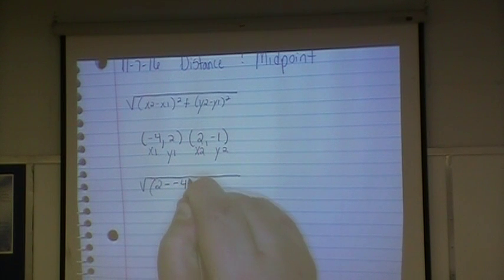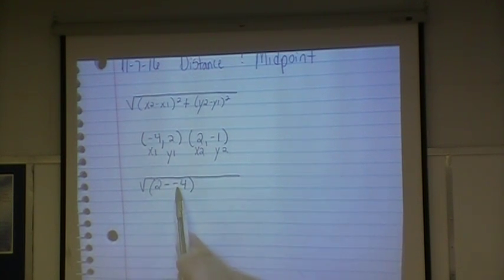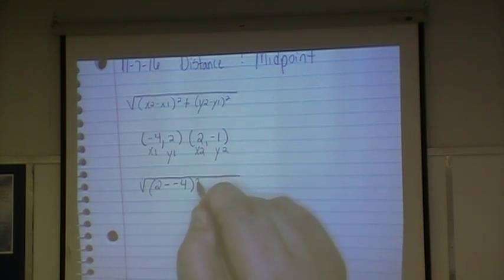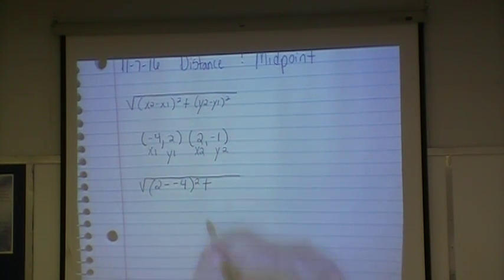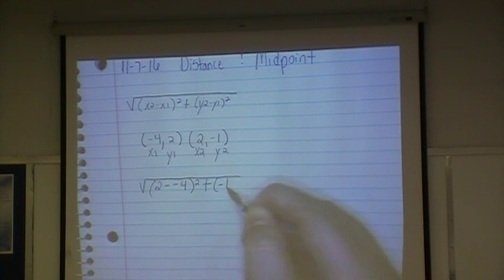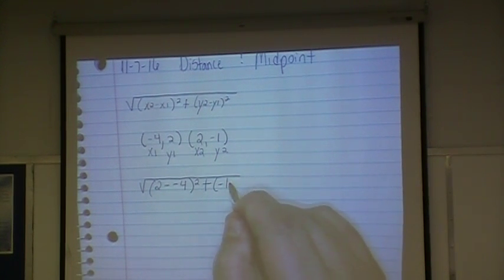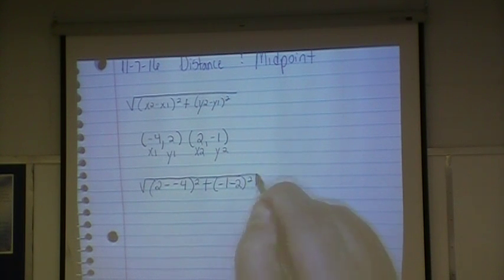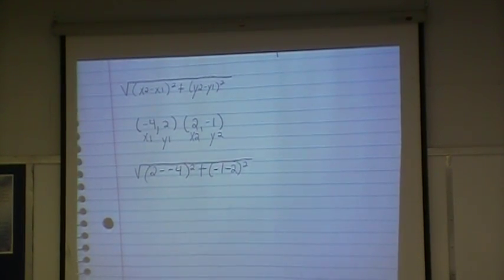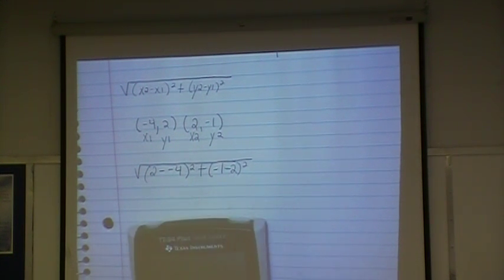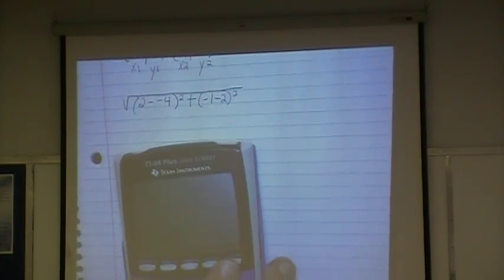Now watch how I write this. You have to write like this. Now you're going to get to use a calculator. Squared plus y2 is negative 1 minus y1 is 2 squared. Then I'm going to show you how you're going to put this in your calculator. If you watch, after we do a couple, you won't have any problem.